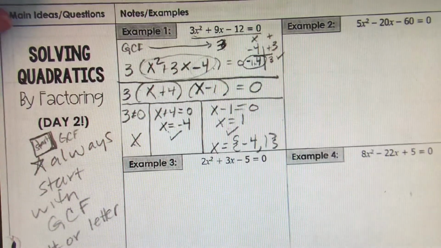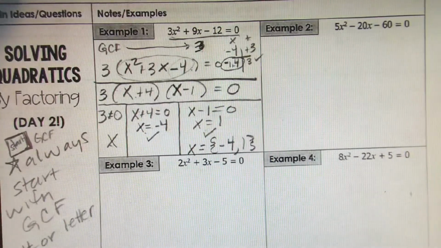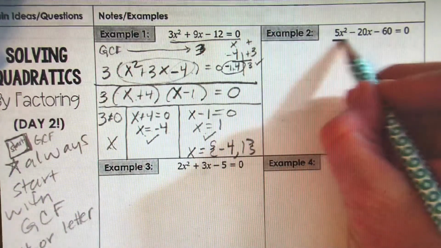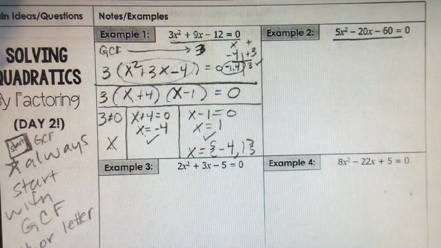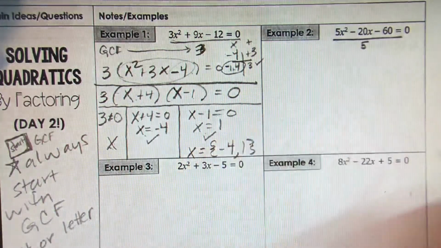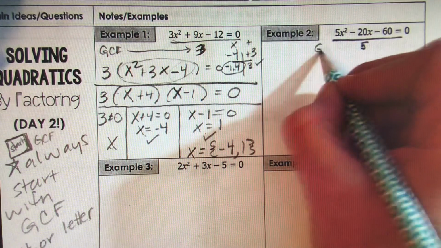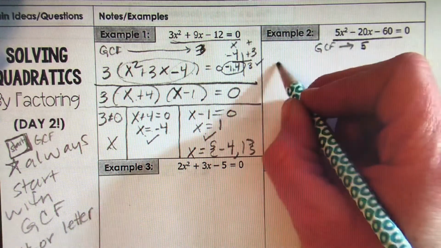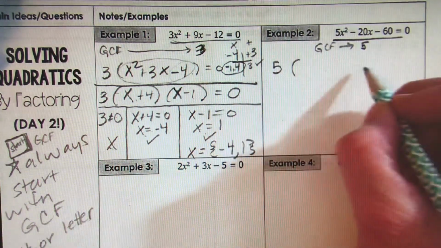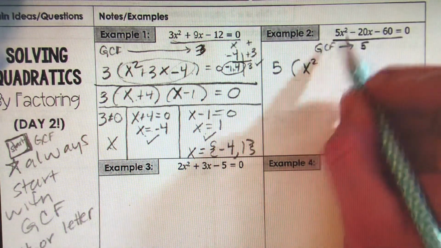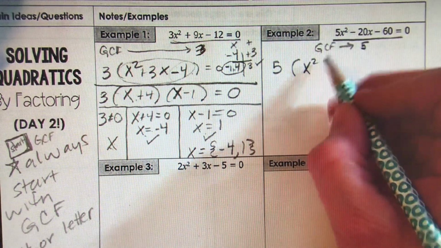Okay, let's go on to example 2. Now, remember we said that we could factor this out. I could take a 5 out. So here's my GCF, 5. I'm going to stick my 5 outside, and I'm going to divide. So what I should have left over is this divided by 5 is x squared.